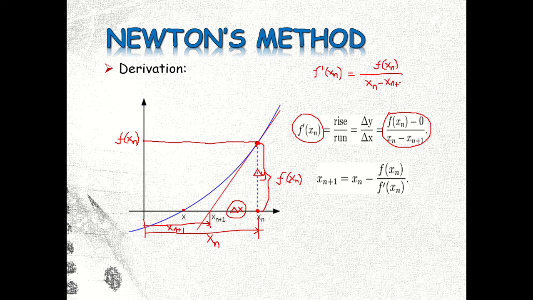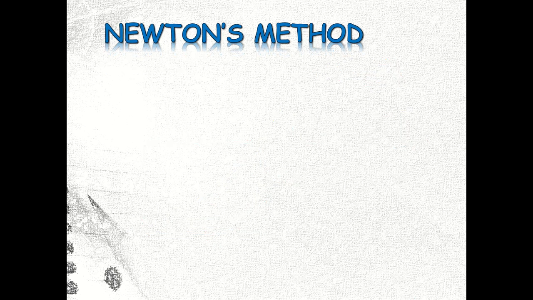Okay, so the same process as what we did in the previous slides. You just cross multiply, and then multiply both sides by -1, then transpose this to the other side. So we will come up with this formula. This is Newton's method formula.